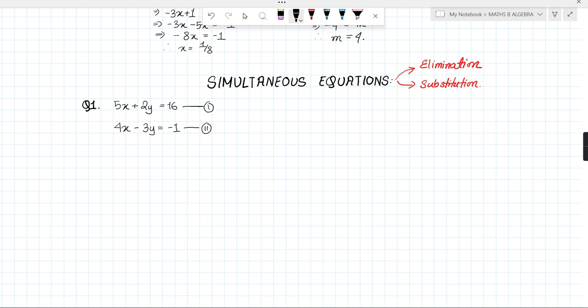As we can see, both equations have two unknown alphabets, x and y. So what we have to first do is eliminate one of the two alphabets. For example, if I want to eliminate x from the two equations, I will multiply equation 1 with the coefficient of x from equation 2, and I will multiply equation 2 with the coefficient of x from equation 1.